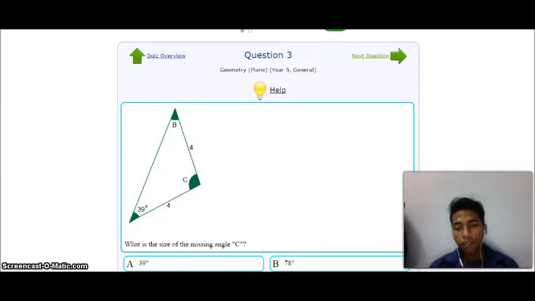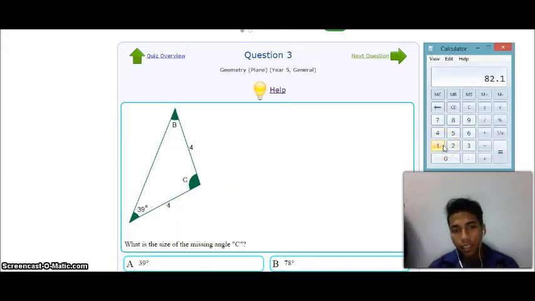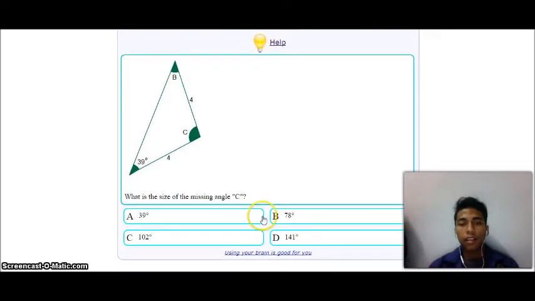So we just know B is also 39 degrees. So just 180 degrees minus 59 minus 39. So we get the answer is 102 degrees. So the answer is C.